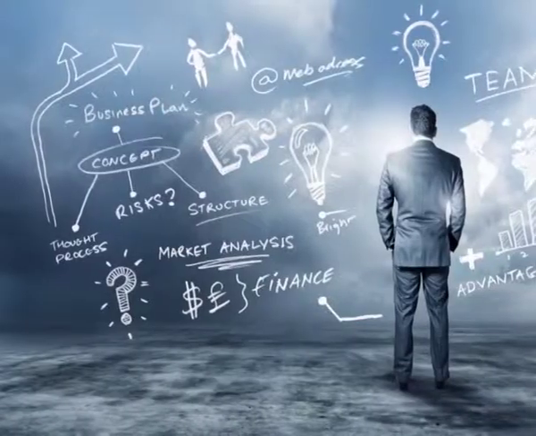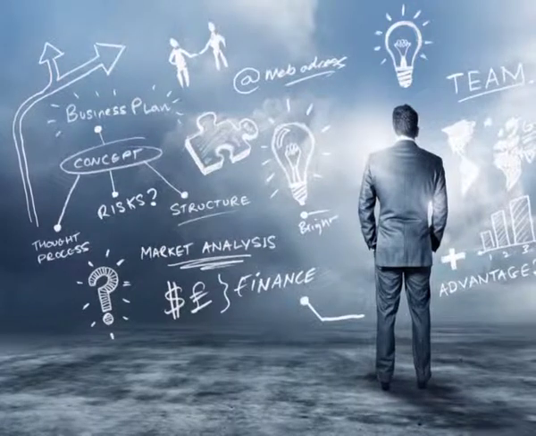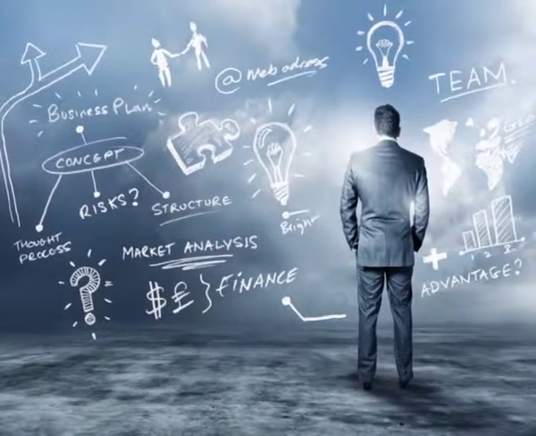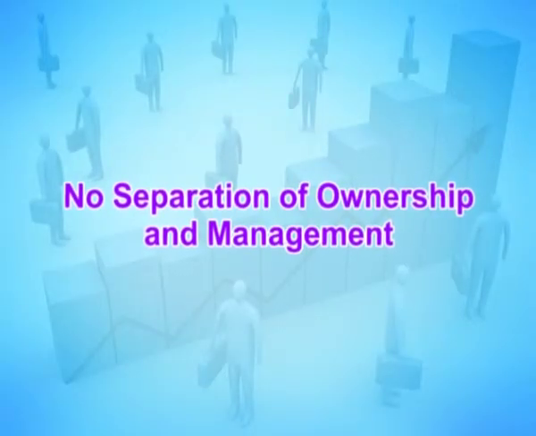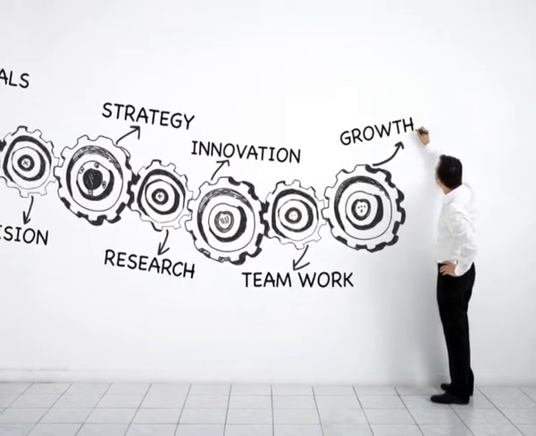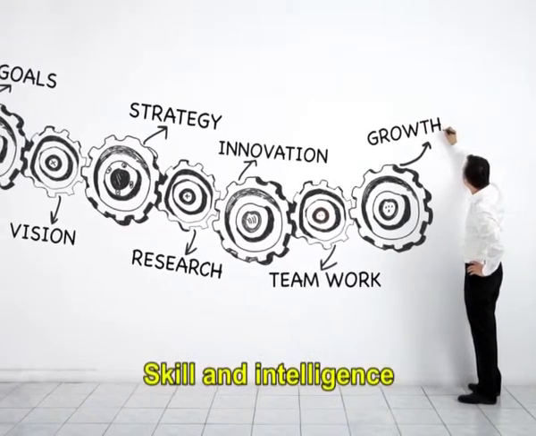The sole proprietorship form of business organization has a single owner who himself or herself starts a business by bringing together all the resources. No separation of ownership and management. The owner himself or herself manages the business as per his or her own skill and intelligence.